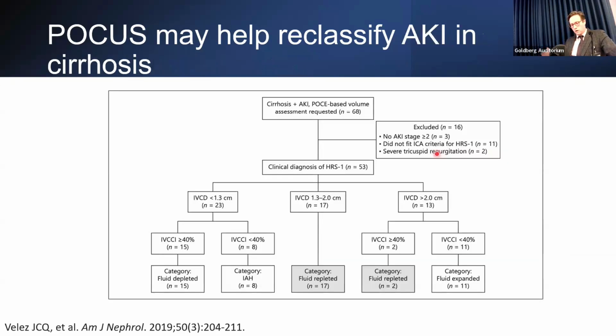And just because I'm running out of time, I won't go through all of this directly, but you can imagine based on cutoffs on IVC diameter and pulsatility, they're able to say, oh, this patient still seems to have reduced effective circulating volume, give them more albumin, or this patient actually has volume expanded, maybe give them diuretics, or there could be signs of intra-abdominal hypertension, give them paracentesis.